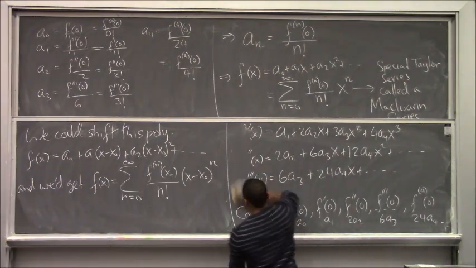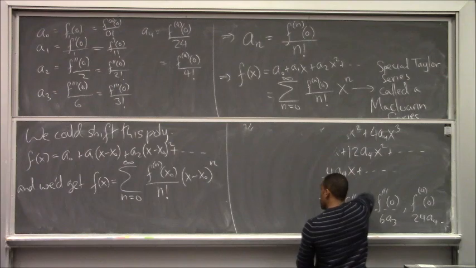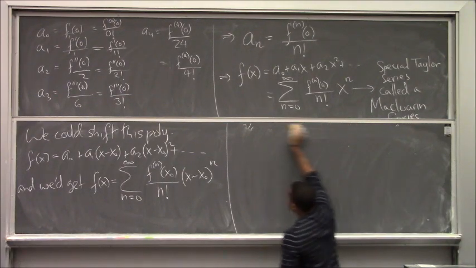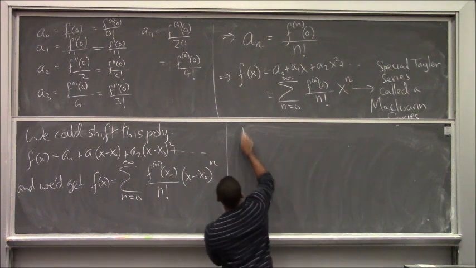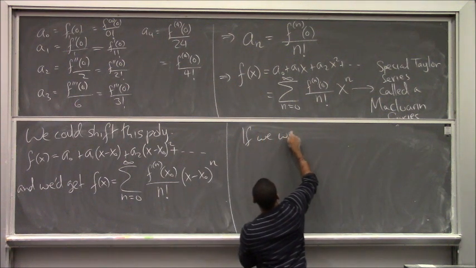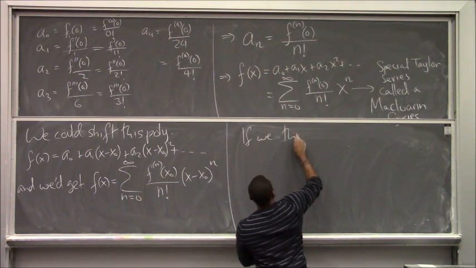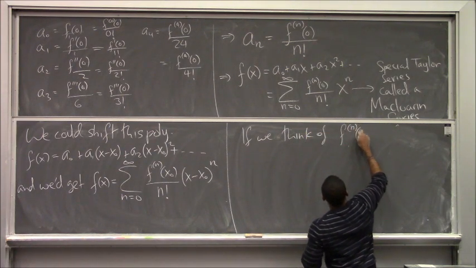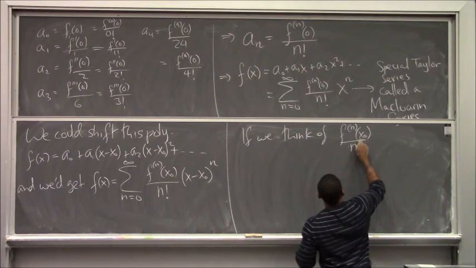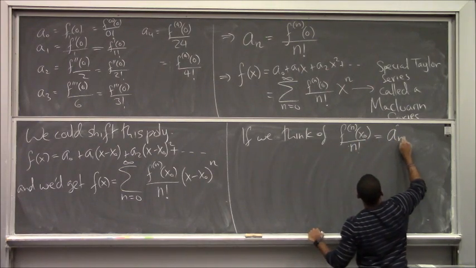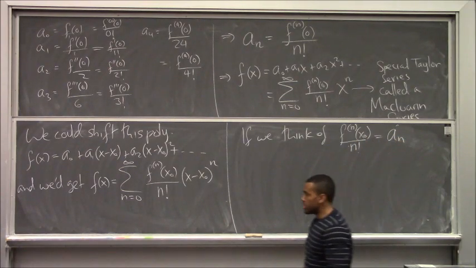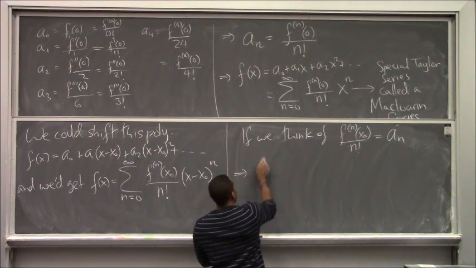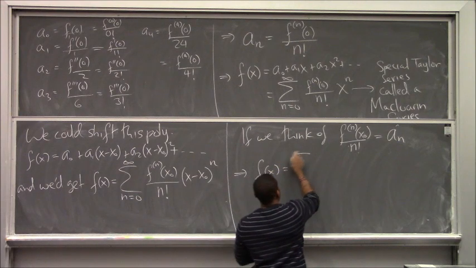Now, not all functions will converge to their power series. If we think of f to the n evaluated at x naught over n factorial as just some number, it's just a way to get a list of terms. Then I can think of my function as this guy.